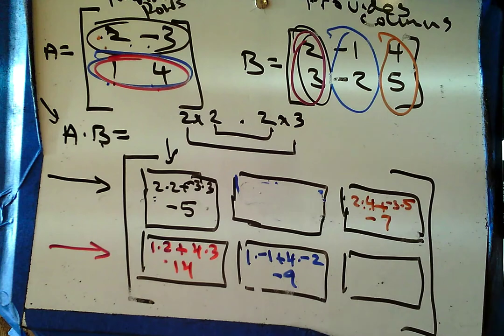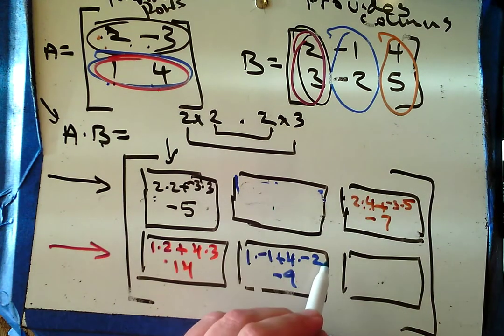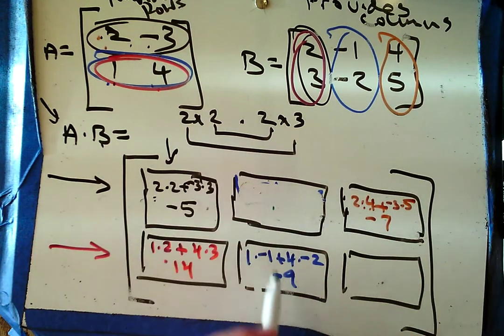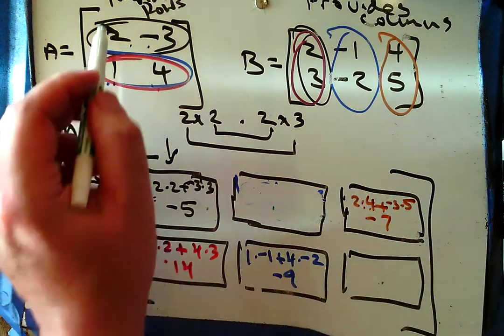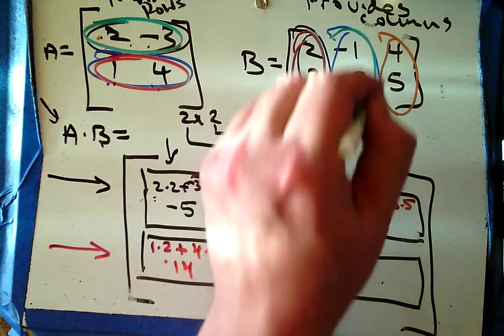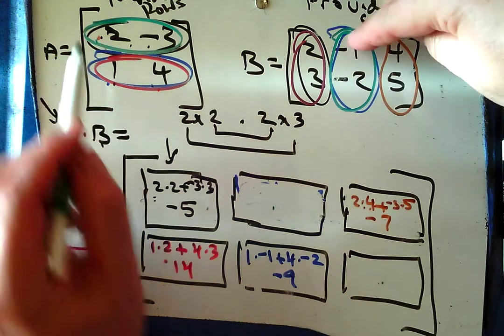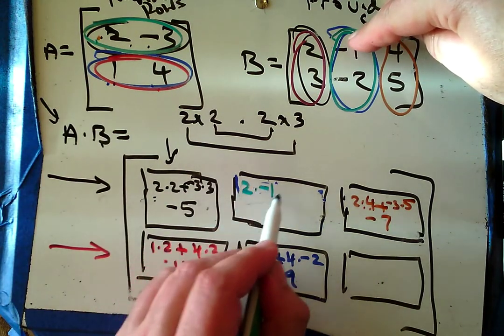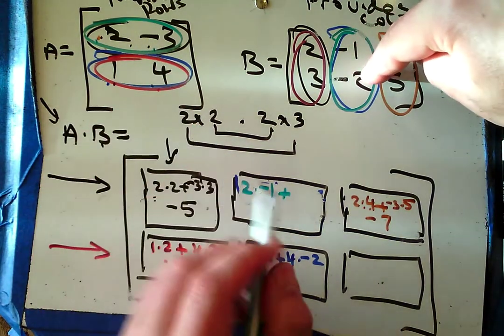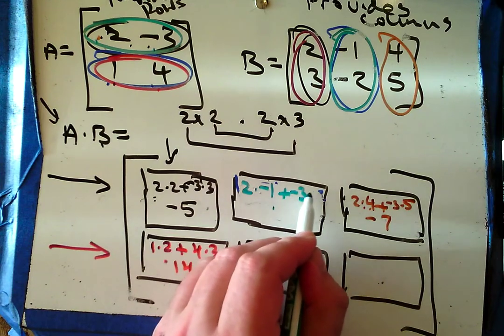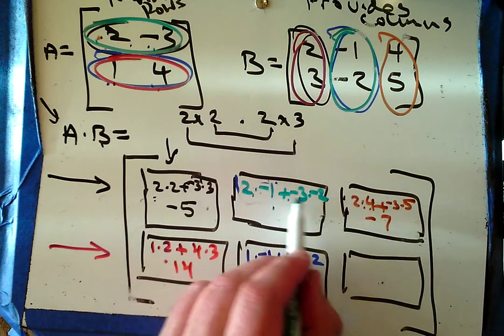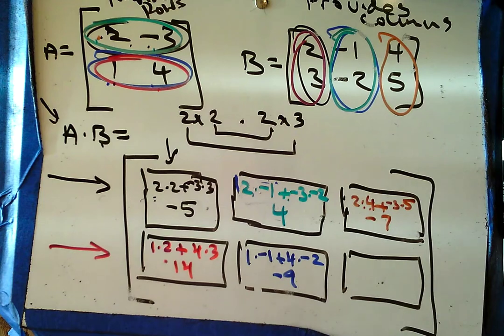Okay, and if I want to fill in this cell over here, it's in the top row and it's in the second column. So I want the top row with the second column. 2 times negative 1 plus negative 3 times negative 2. And so I get negative 2 plus 6 is 4.